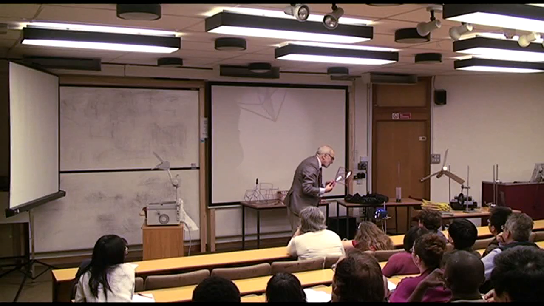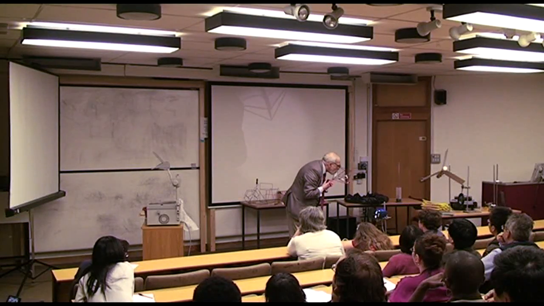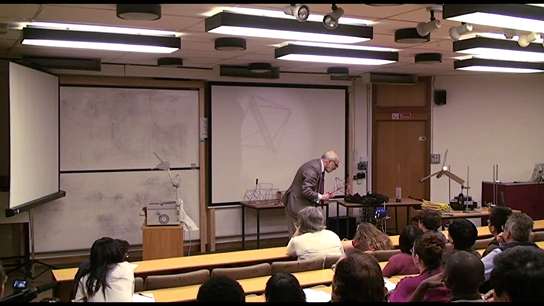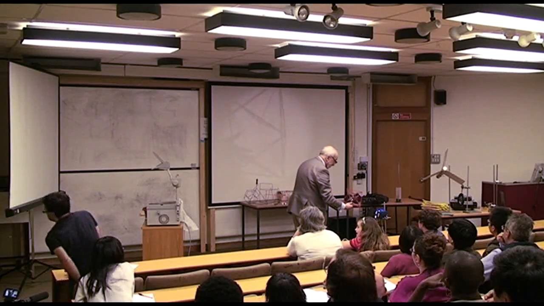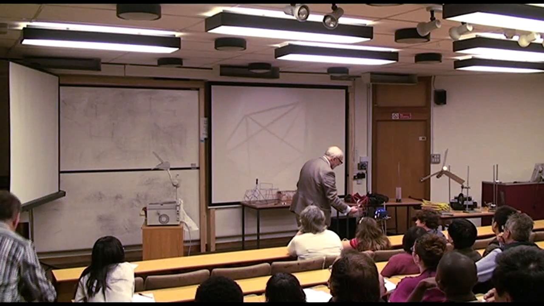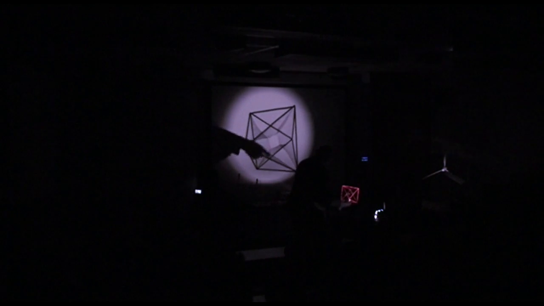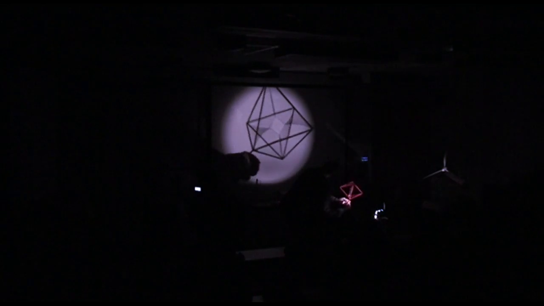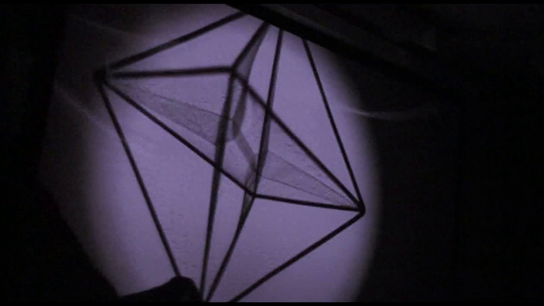Okay, if we turn the lights on, as I said, there are several minimum surfaces associated with the octahedron. If we turn the lights off, we've got a surface with a square in the middle here. You can see a square here, a square with angles of 109.47 degrees.